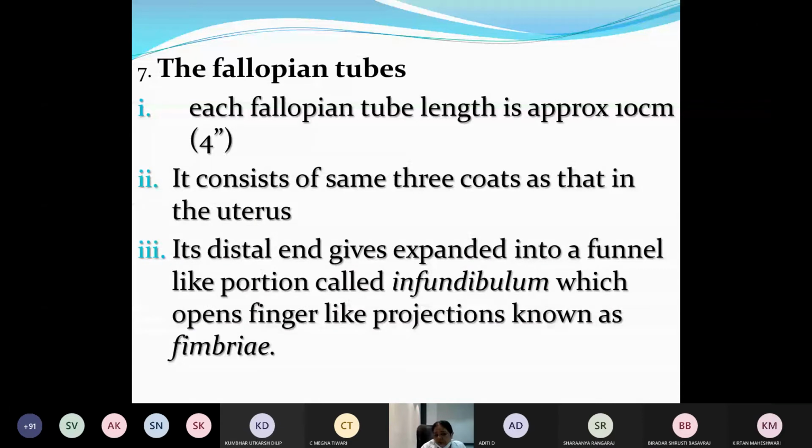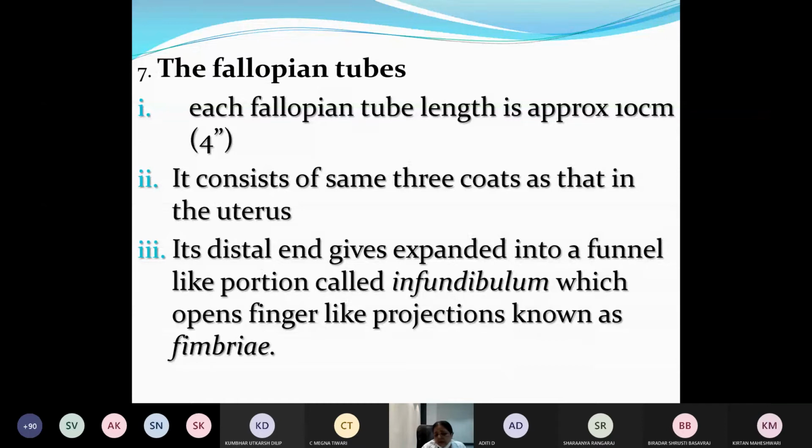The fallopian tubes. Each fallopian tube is approximately 10 centimeter long. It consists of the same 3 coats as that in the uterus.